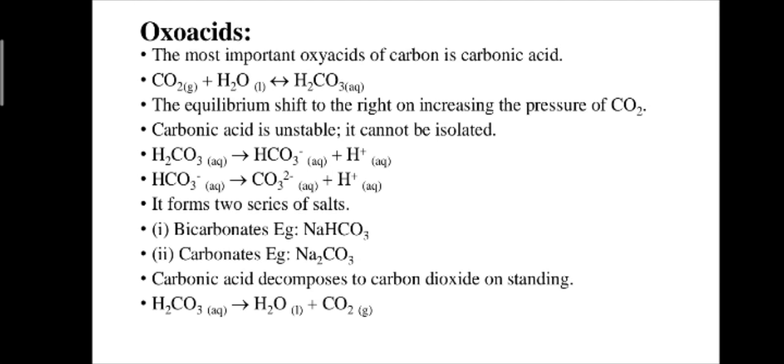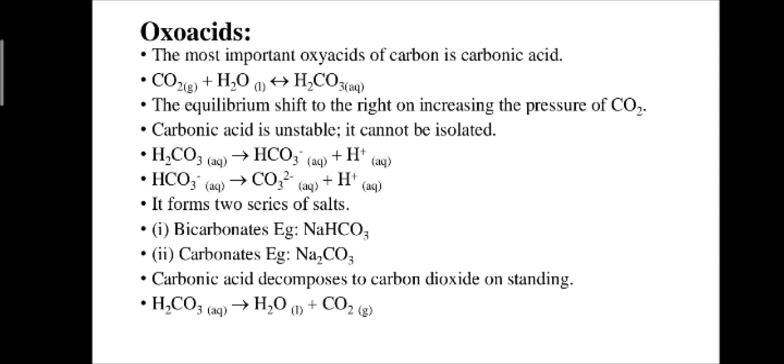In aqueous solution, carbonic acid gives 1 mole of H plus ion and converts to bicarbonate anion. Now in aqueous solution, the bicarbonate anion dissociates to carbonate anion. Therefore, carbonic acid is a dibasic acid. It gives 2 moles of H plus ions. If carbonic acid loses 1 mole of H plus ion, it is converted to bicarbonate anion.